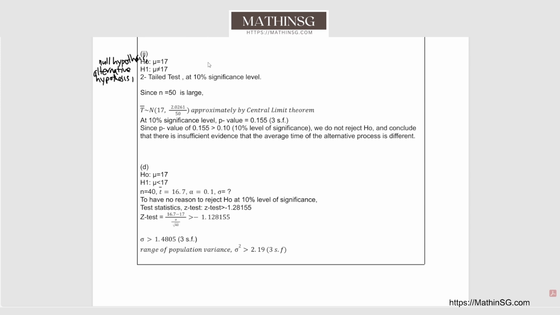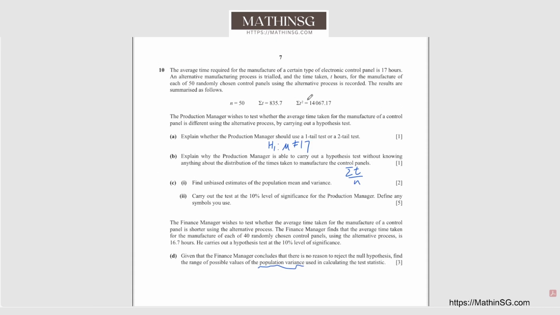And you define mu here. So where mu is, what is mu? Look at the question, just copy. So mu is the average time required for the manufacture of a certain type of electronic control panel.